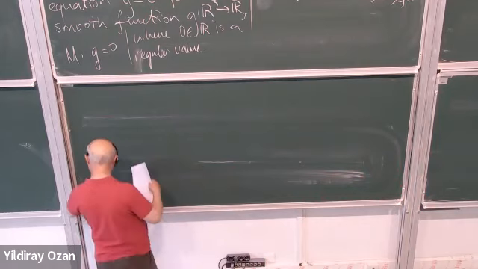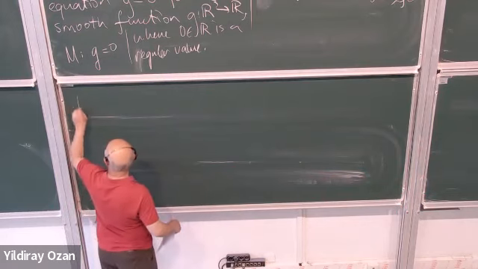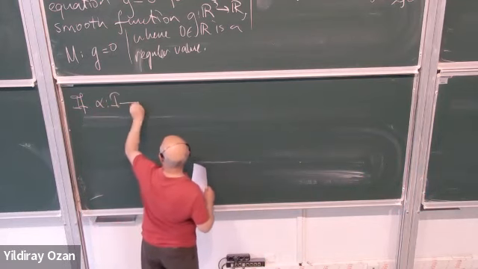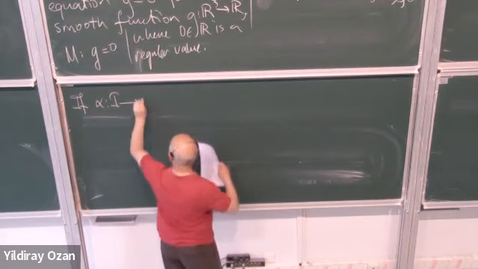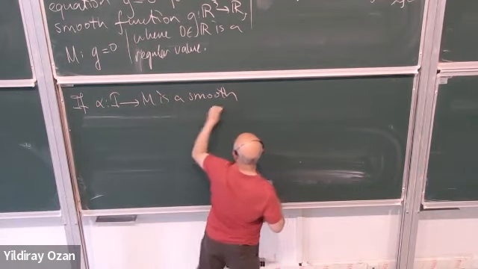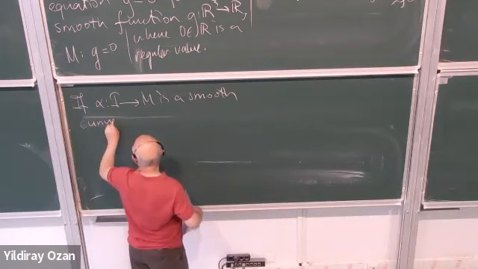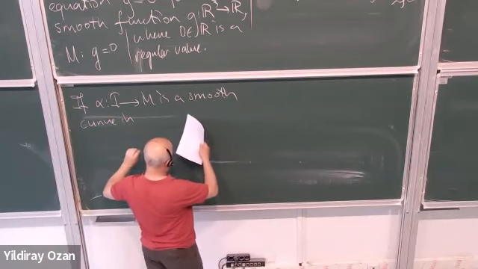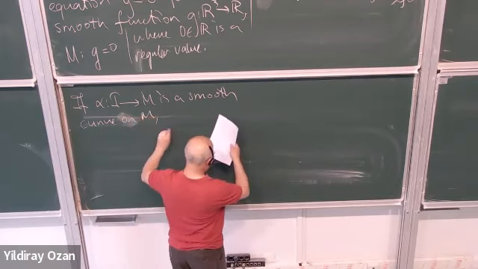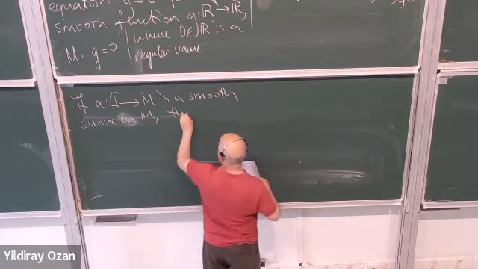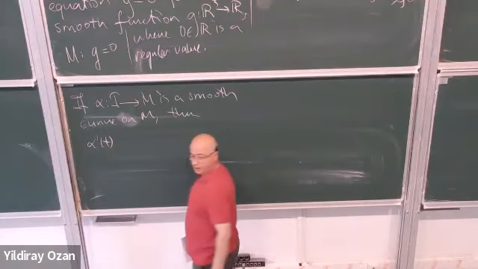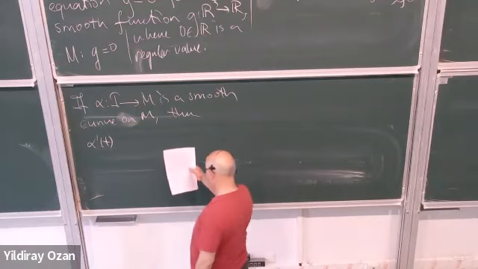Okay, now if alpha is a smooth, differentiable curve on M, then of course alpha prime t is a tangent vector.